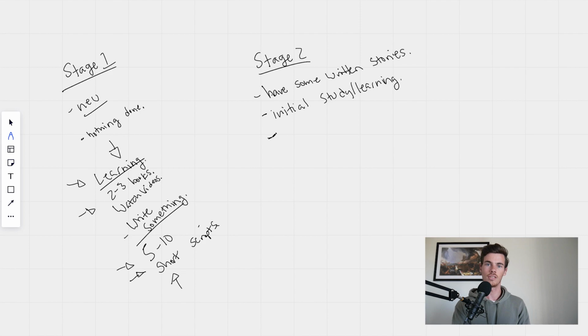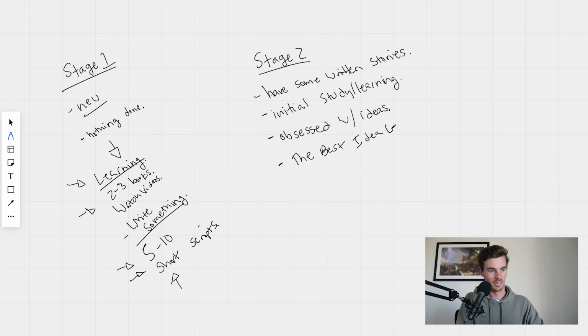And this is another big point, right? A lot of people, they get here and they get obsessed with their ideas. So usually this is the point where somebody has like the best idea ever for a feature, right?